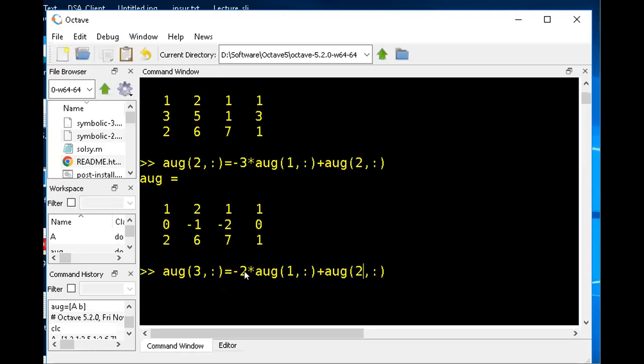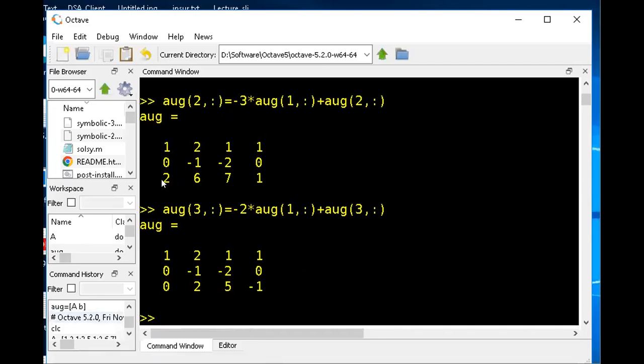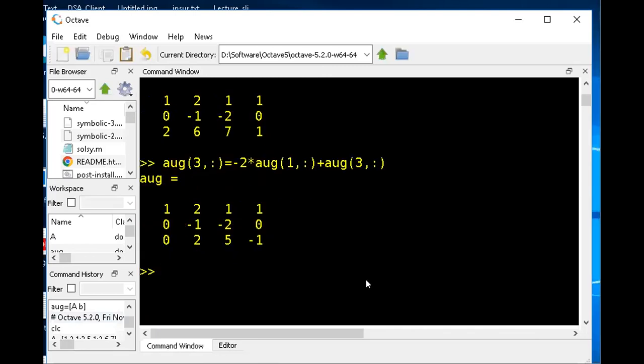The third row is replaced with that. So like that, you can perform row operations. Now all elements under the pivot element are equal to 0.